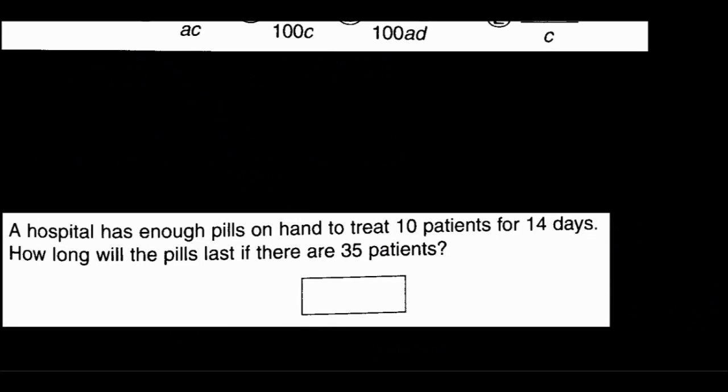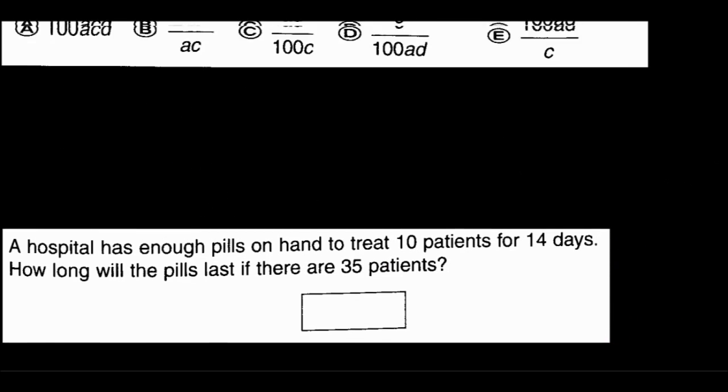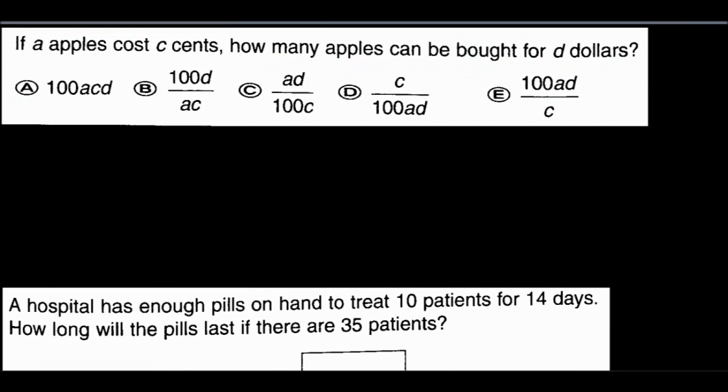All right, so let's look at some GRE problems. First one: if A apples cost C cents, how many apples can be bought for $D? This is a very typical GRE problem where you have these quantities in algebraic terms, and your answers are also all in algebraic terms. So let's write down the information. A apples cost C cents.